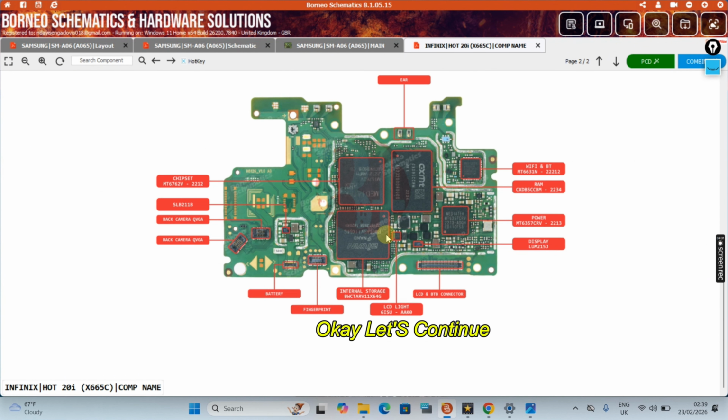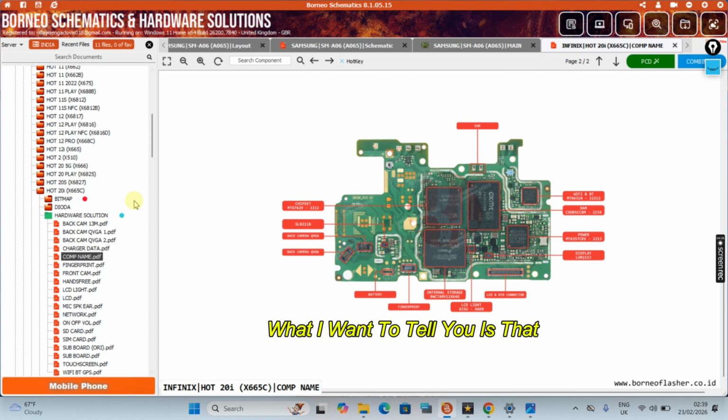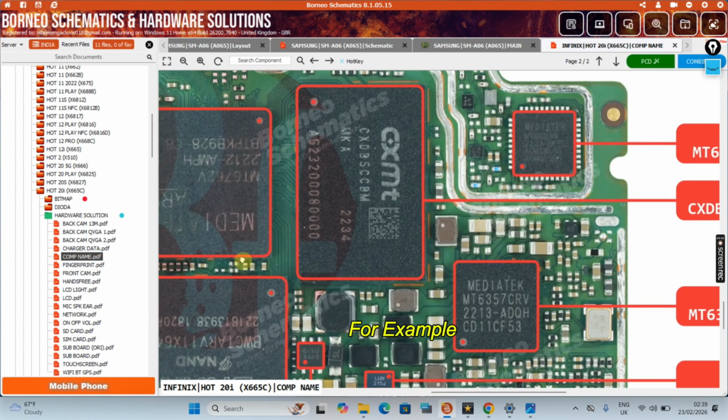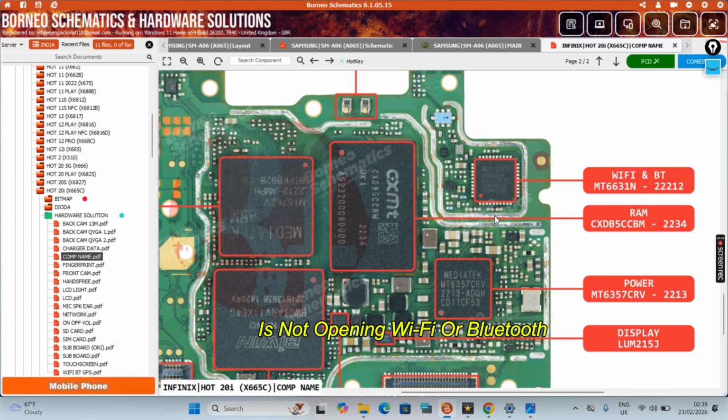Okay, let's continue. What I want to tell you is that it will be very difficult to fix a phone without a schematic. For example, if the customer said that his phone is not opening Wi-Fi or Bluetooth, in that case you have not to waste your time.